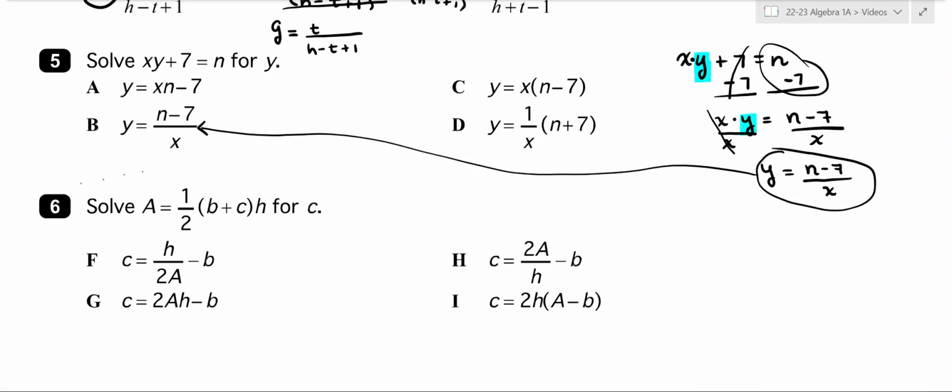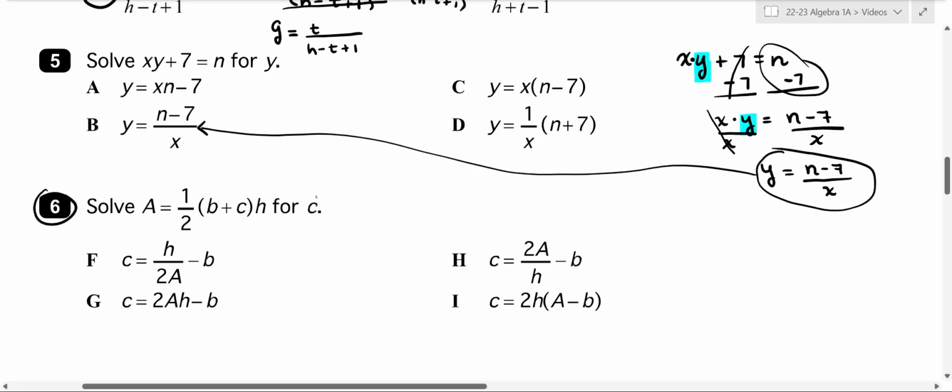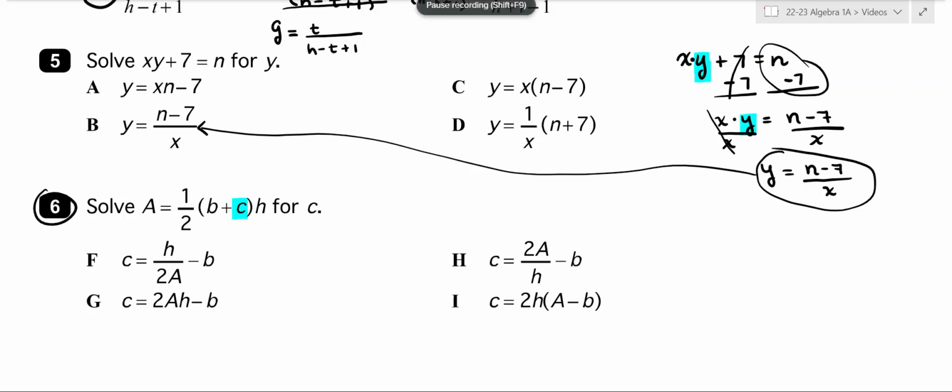All right, so for number 6, we have this equation and we want to solve for c. So that c is inside that parenthesis, so we're going to have to get inside the parentheses quickly. Okay, so let me copy the equation.